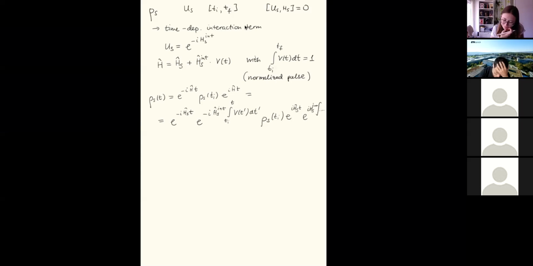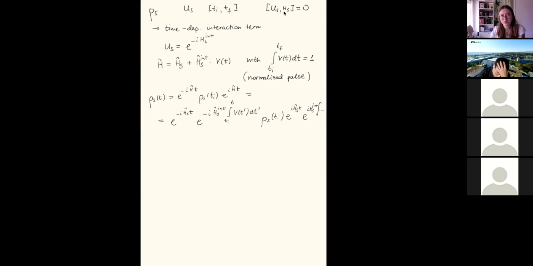Okay. Yeah, and we can actually separate this h. So we can separate the exponential of h as the multiplication of the exponentials of the terms, the system term and the interaction term, because we assume that the unitary is energy preserving.